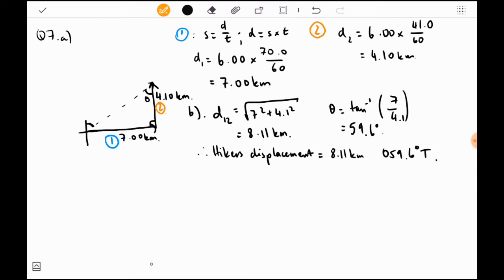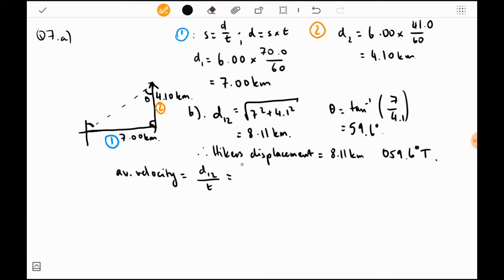Okay, so now we also want to find their average velocity. So average velocity is just the total displacement, so it'll be D12 over the time, and we know that they took 70 plus 41, which is 111 minutes. So we obviously have to convert that to hours if we want to give it in terms of kilometers per hour, which makes sense because that's how we're given all of our speeds in the question.